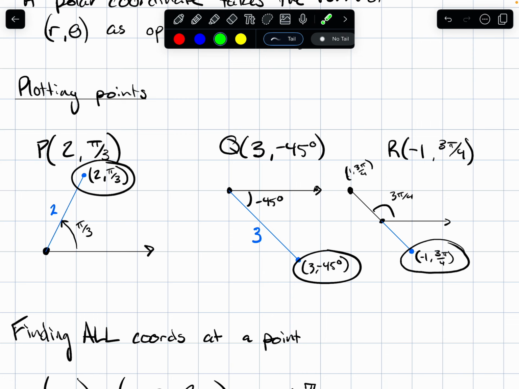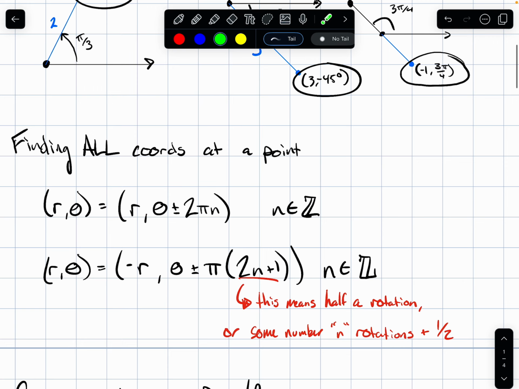Just a quick recap: we're moving around any angle that it gives us, 45, 3 pi over 4, and then we're moving out this r. So with this r, theta, we move the angle first, then move out in that direction. If it's negative, it just means we go the opposite way.